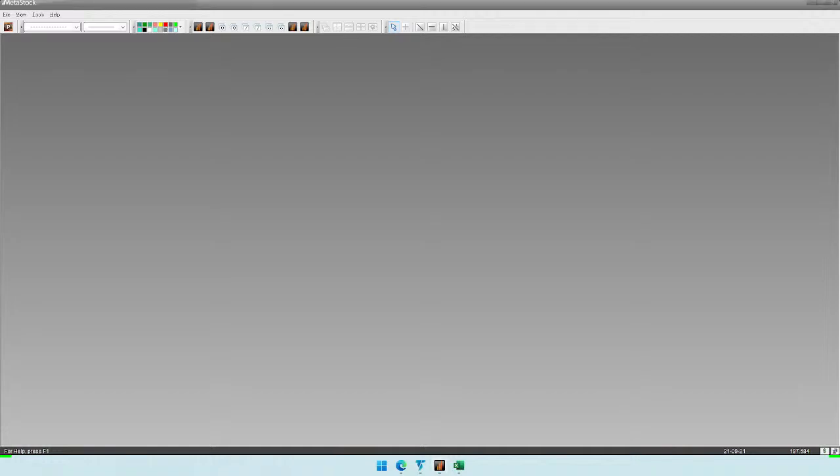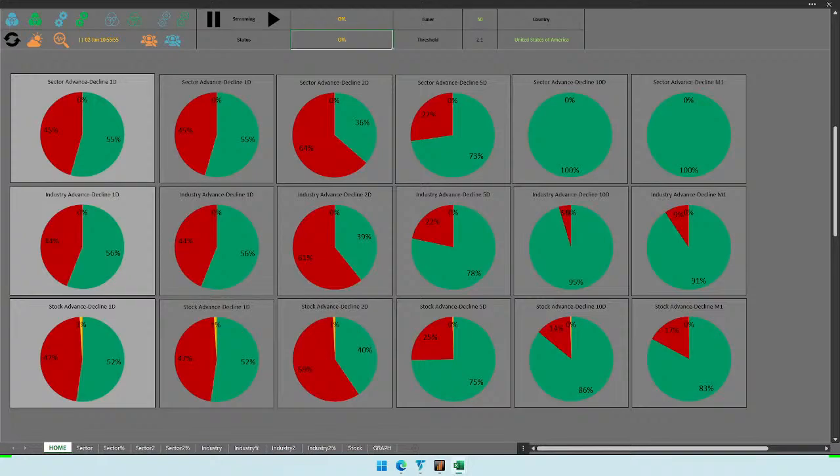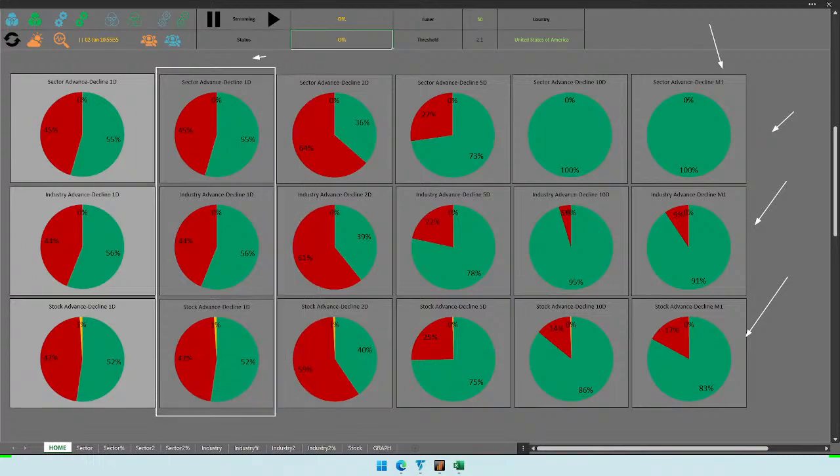Now let's look at the market from a few other angles. Sector, industry, stock advance decline breadth, 1 month to 1 day. One day, the last trading day of the year, is slightly bullish. So slightly bullish, we may say it is neutral.